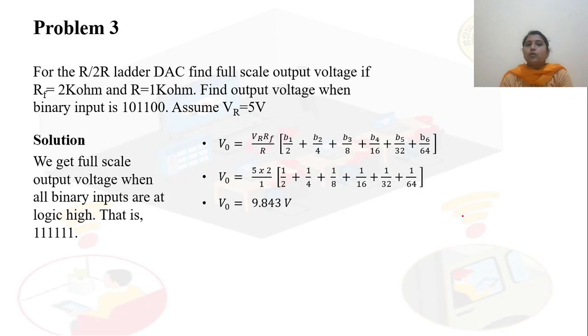We get full scale output voltage when all binary inputs or digital inputs are at logic high. That is, all 6 bits are at logic high. So we have to consider B1, B2, B3, B4, B5, B6 as logic 1.